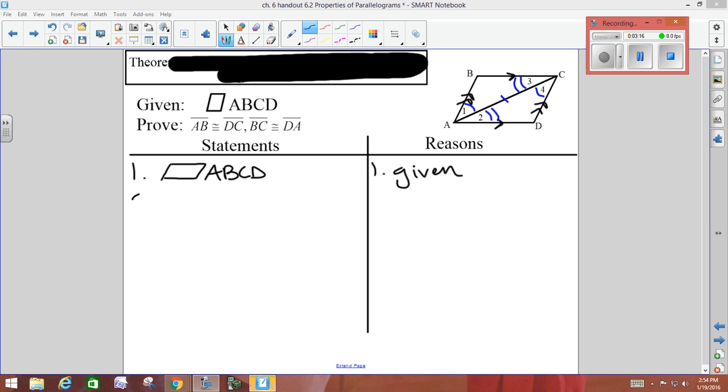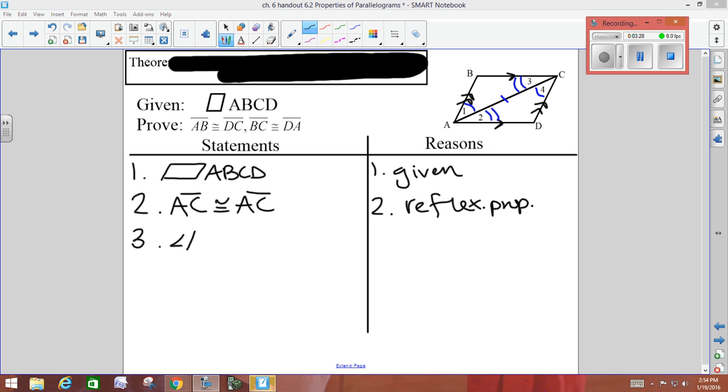So let's write that down. I think some of you already started. AC congruent to AC. Number 3, angle 1 is congruent to angle 4, angle 2 is congruent to angle 3. If lines are parallel, alternate interior angles are congruent.